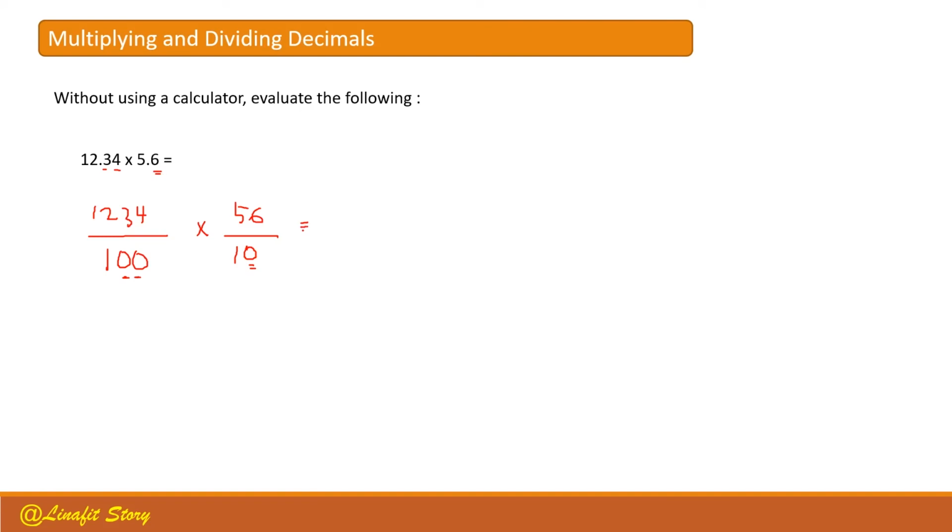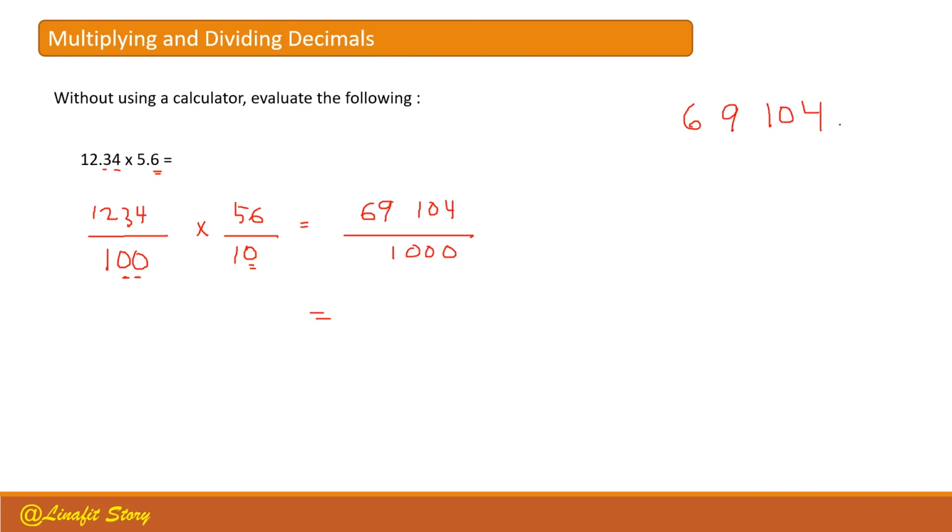Then after that, 1234 times 56 is 69,104 out of 1,000. So 69,104 divided by 1,000.